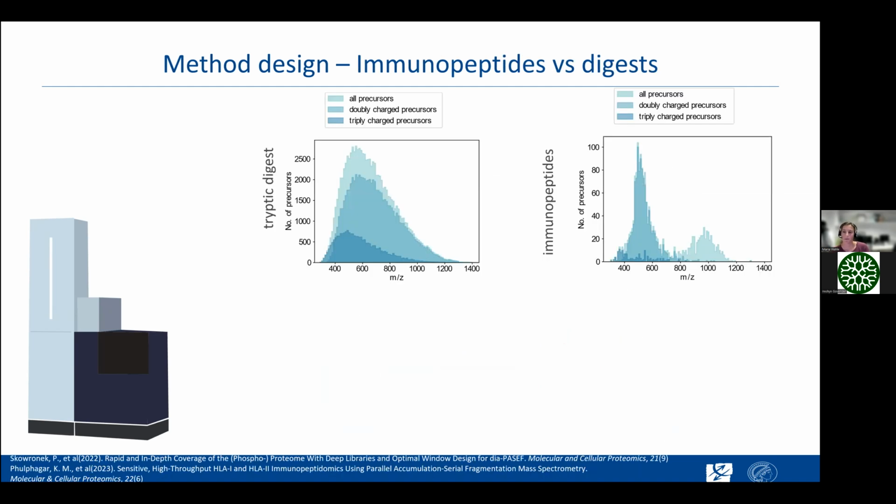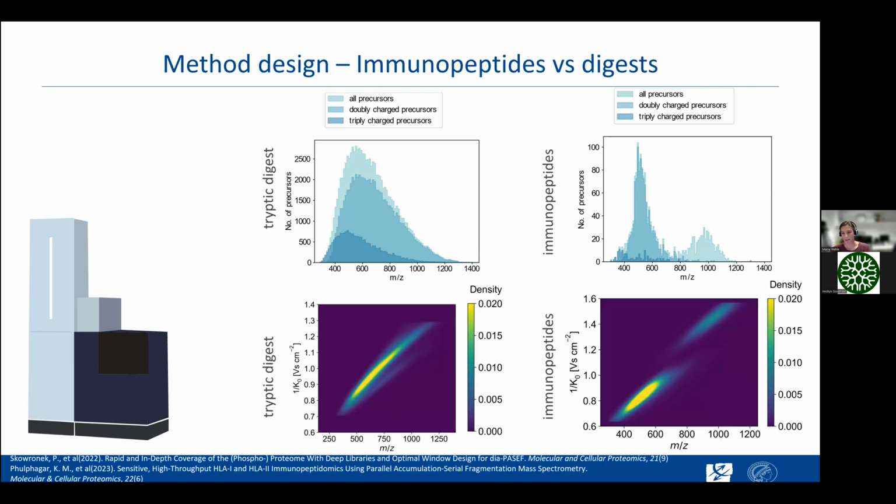And if we now compare an immunopeptide sample to a tryptic digested sample, we immediately see already in the M/Z dimension that the peptides we're measuring are distributed very differently from a tryptic digested sample. On the top left, you see the tryptic digest, on the top right, the immunopeptides, and the precursor distribution looks completely different.